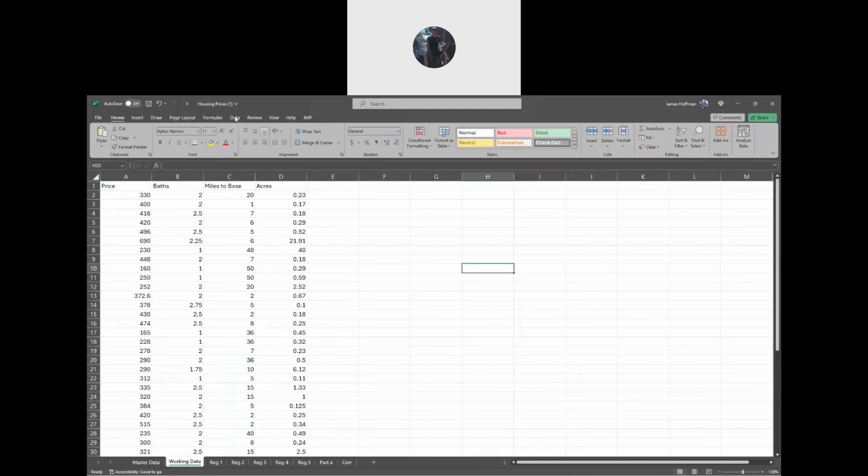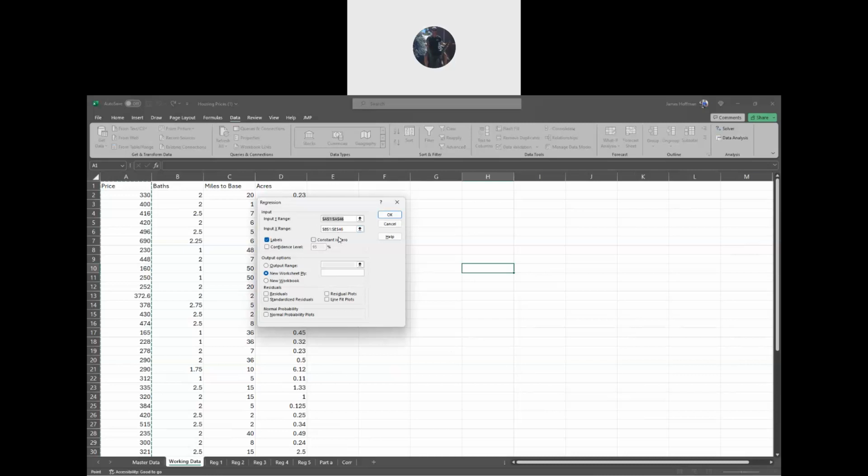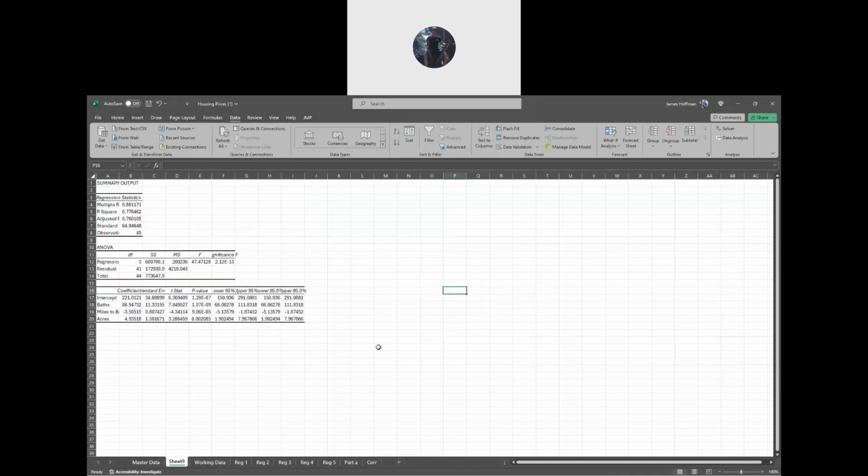Data, Data Analysis, Regression. A1 to A46, and then B1 to D46. Let's hit OK.